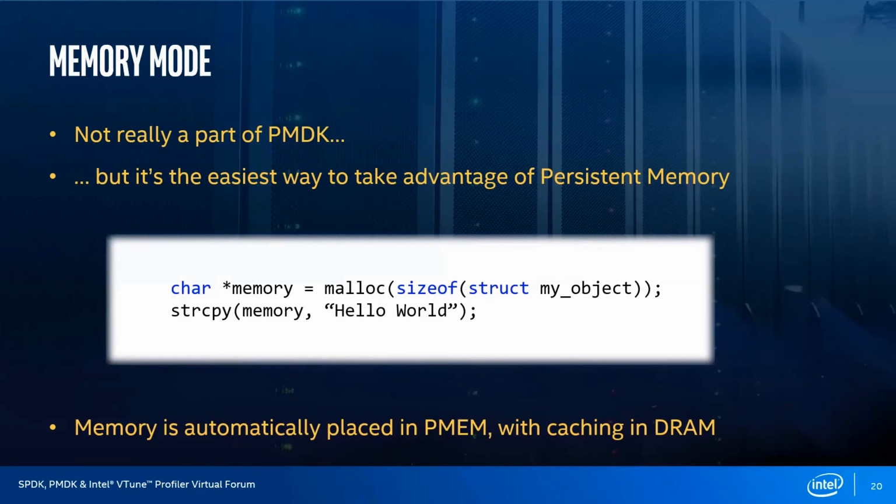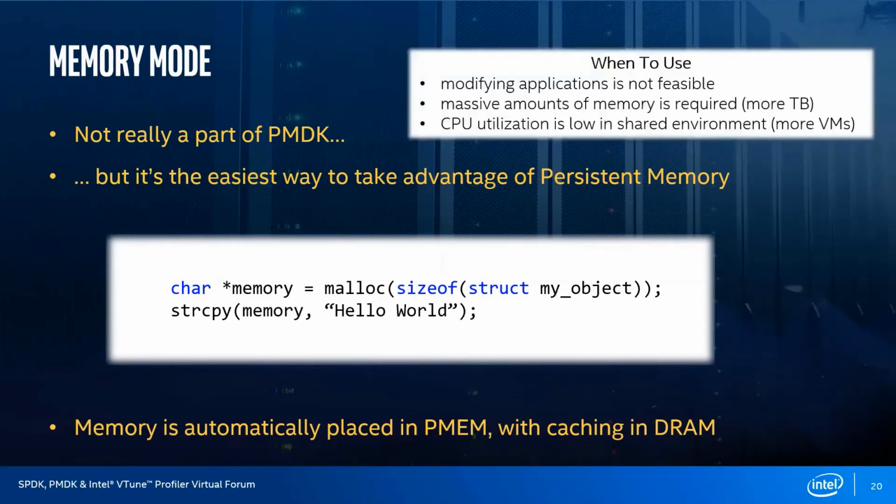You don't have to modify any of your applications. On the chart that we just saw, it's shown as the least amount of effort, which is true, but also the least amount of gain, which is not 100% true.